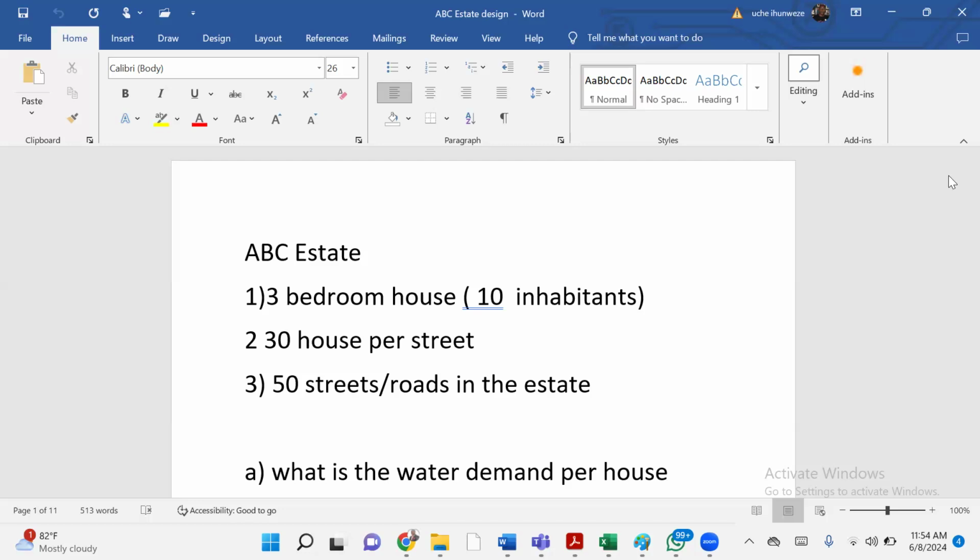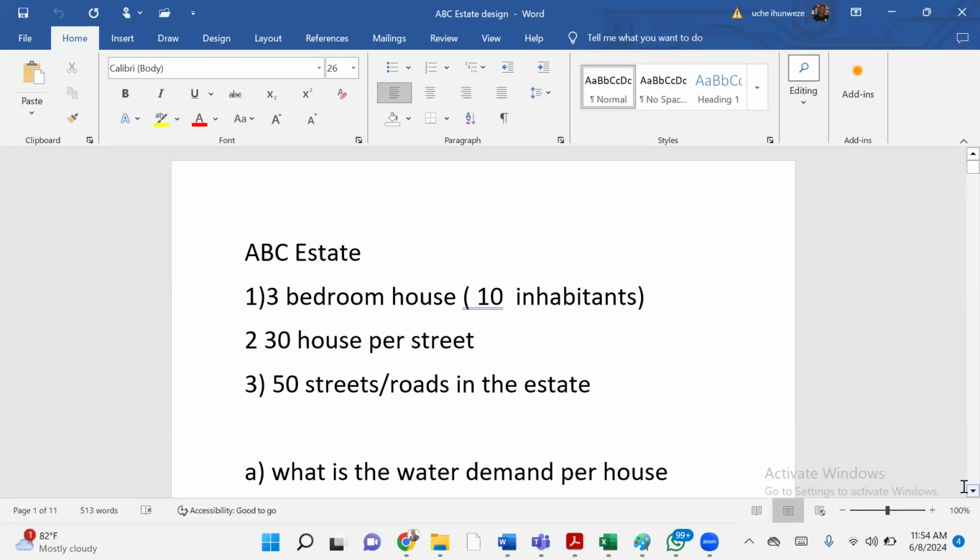In this example, we are assuming each house is on a street. This is a general assumption. Let's assume each street has 30 houses, and there are about 50 streets in the estate.